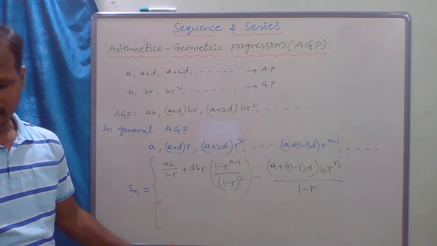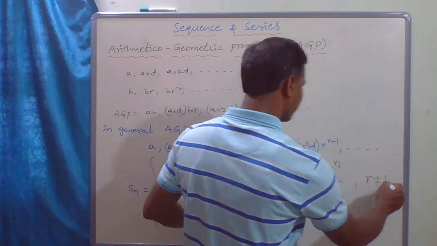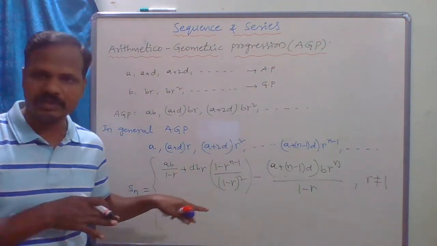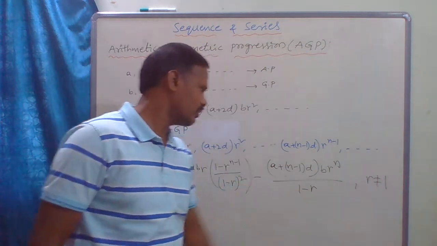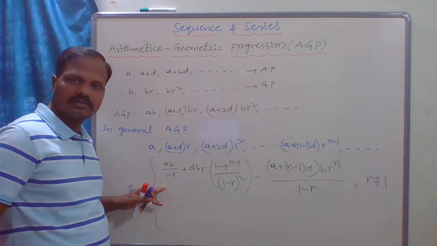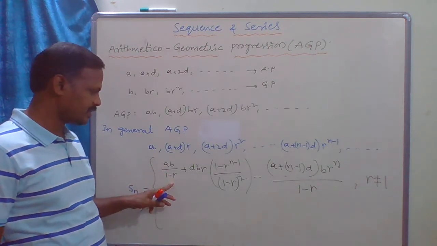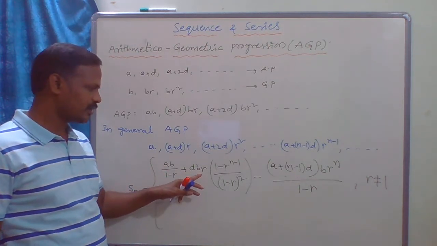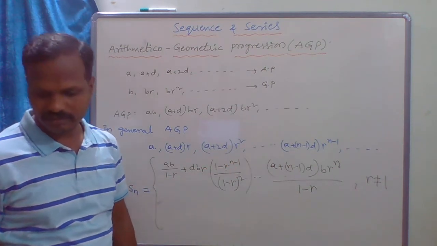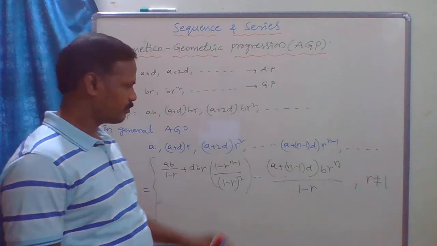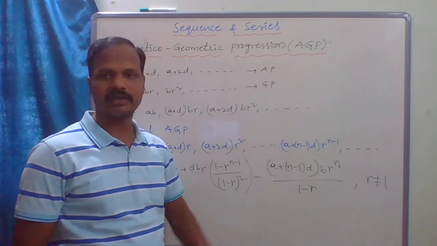This is for r not equal to 1, because if r equals 1 the denominator becomes 0. So if r is not equal to 1, the sum of the n terms in AGP is ab by 1 minus r plus dbr into 1 minus r power n minus 1 by 1 minus r whole square, minus a plus n minus 1 into d into br power n by 1 minus r.